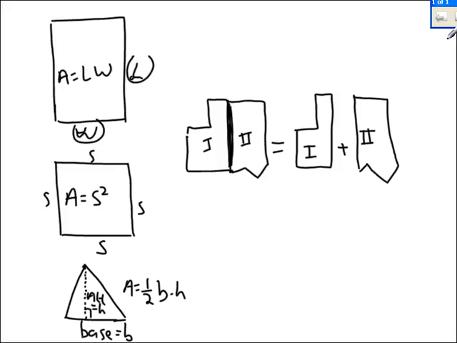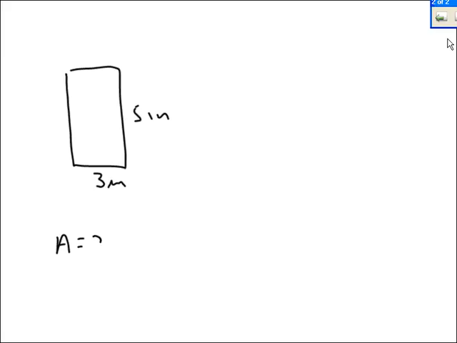So now we're going to go and try to figure out some area problems. Now, I do want to go over one thing. For example, for a rectangle. If this rectangle is 3 inches by 5 inches, the area is one side times the other side.